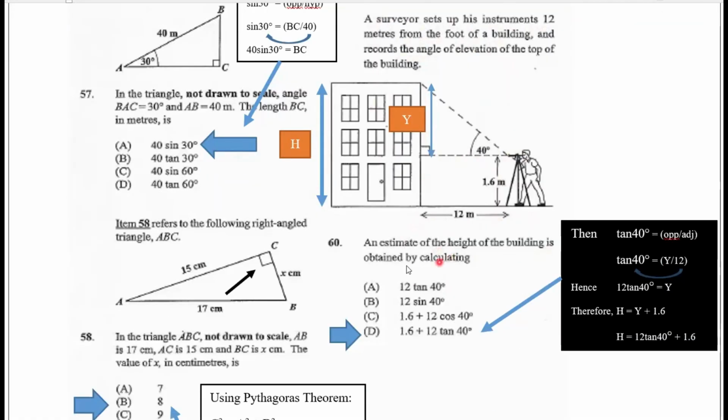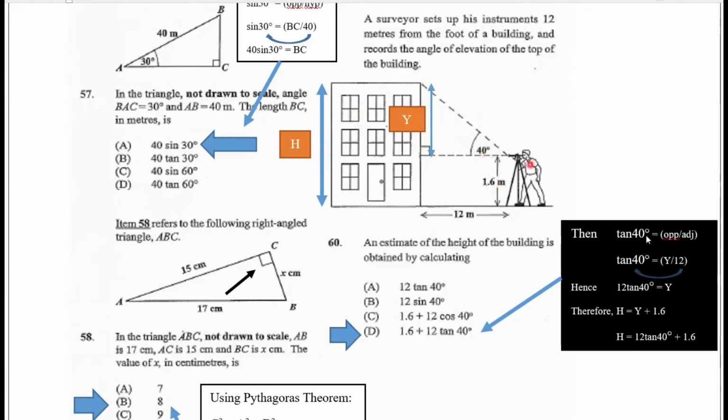Estimate the height of the building by calculating what. So we want the height of the building. Let's call the full height H, and we could call here Y. And we have 1.6 meters as the height of the stand. So let's work out Y first, right?